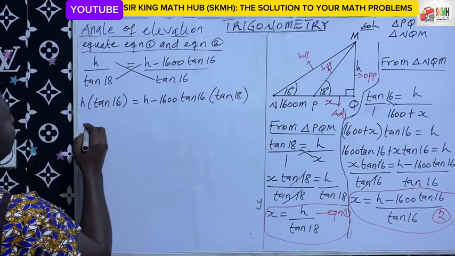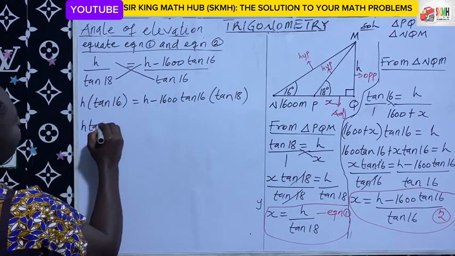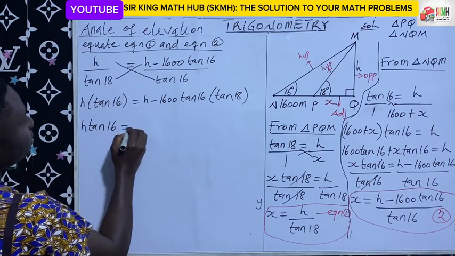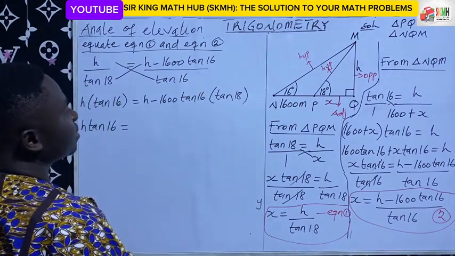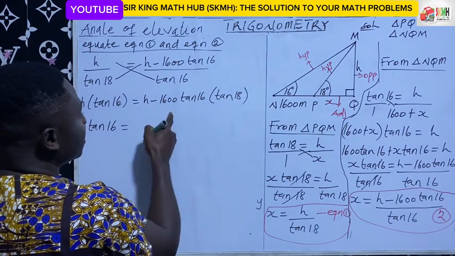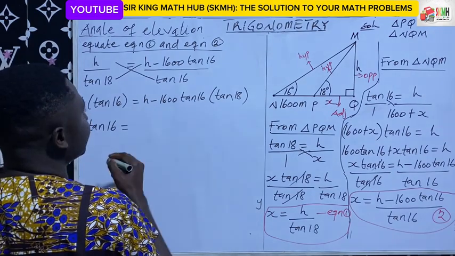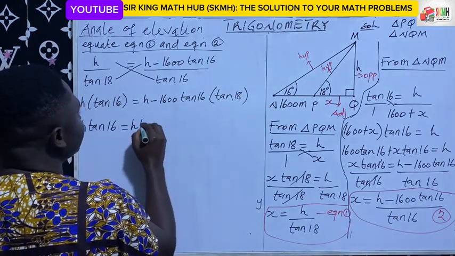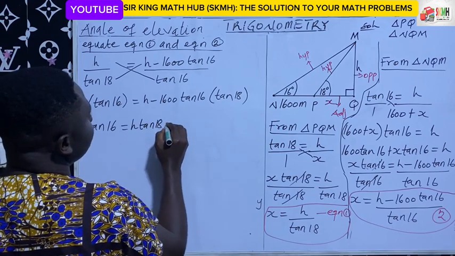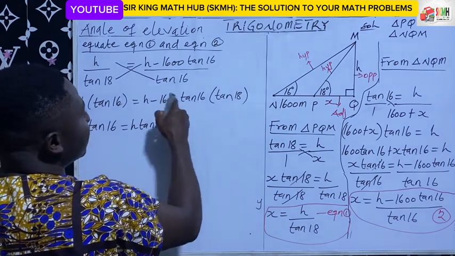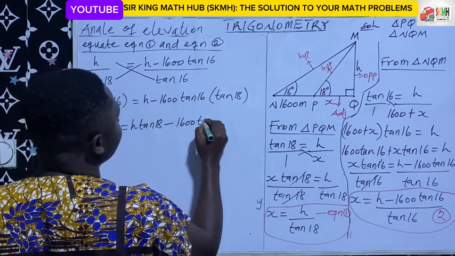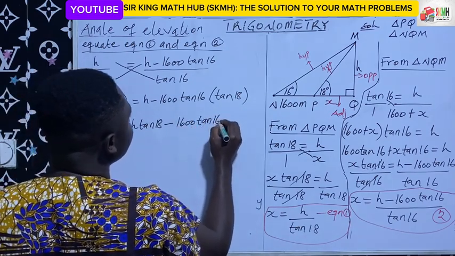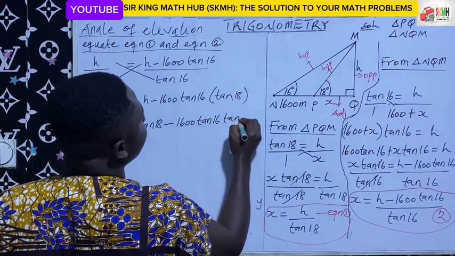So h times tan 16 gives us h tan 16, and then the whole of this expression multiplying tan 16. So we have two terms here. The first term, h, will multiply tan 18. That gives us h tan 18, minus the second term multiplying tan 18, so 1600 tan 16 tan 18.